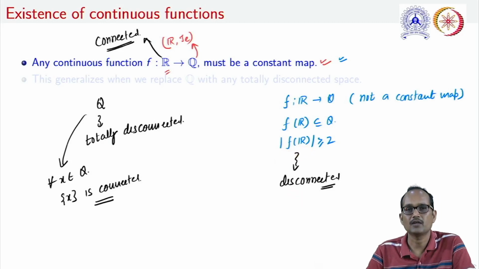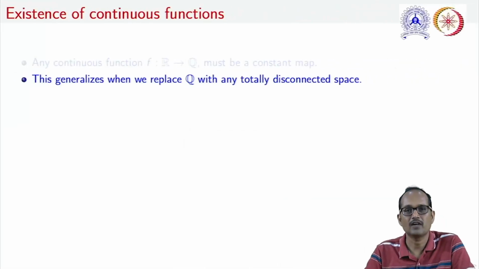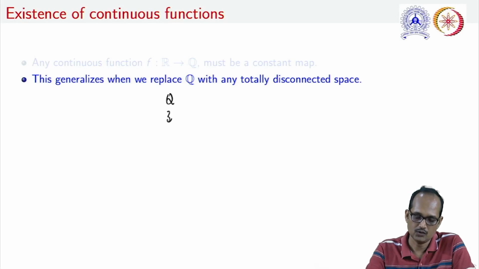So we cannot construct a non-constant continuous function from the set of real numbers to the set of rationals. What we have justified here, we have used the fact that Q is totally disconnected, and that concept we have used to justify that we cannot construct a continuous non-constant function.